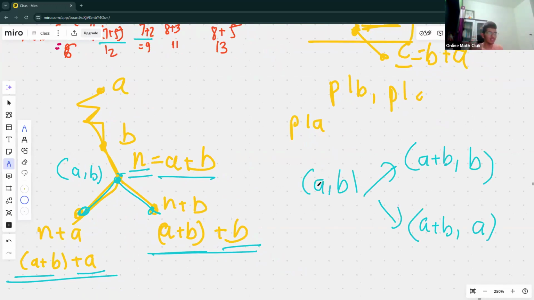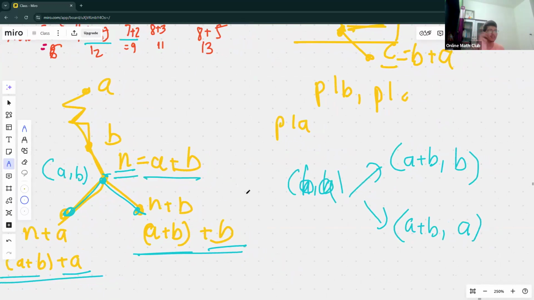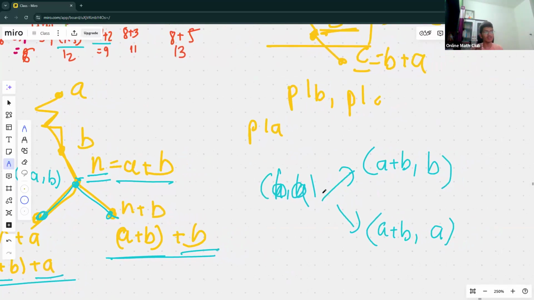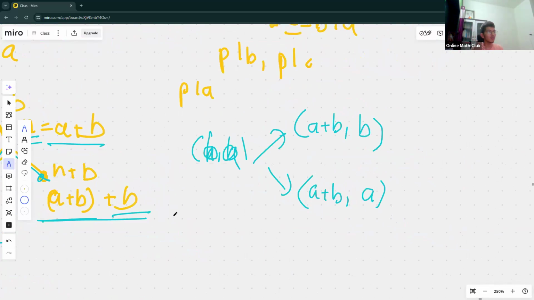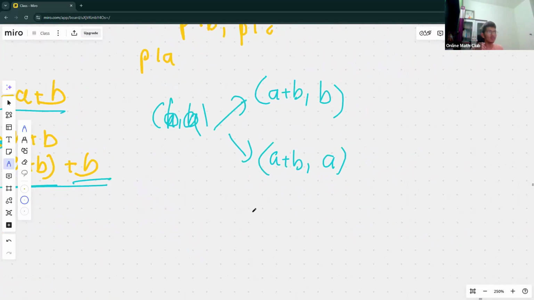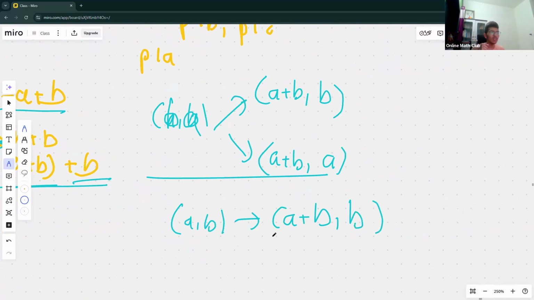But actually this should be b comma a because b is greater than a in our setup. So have you seen this pattern somewhere? From a comma b, we go to a plus b comma b, or you can go the reverse way, from a plus b comma b to a comma b.